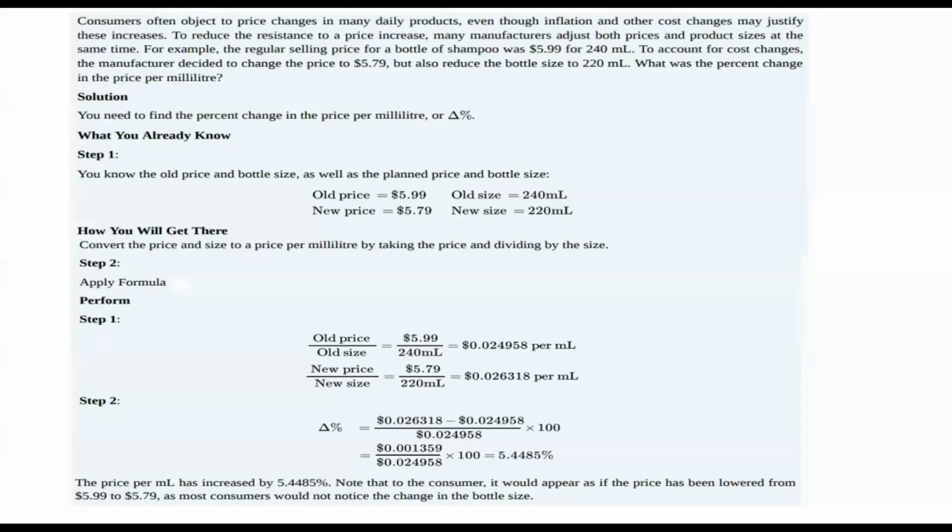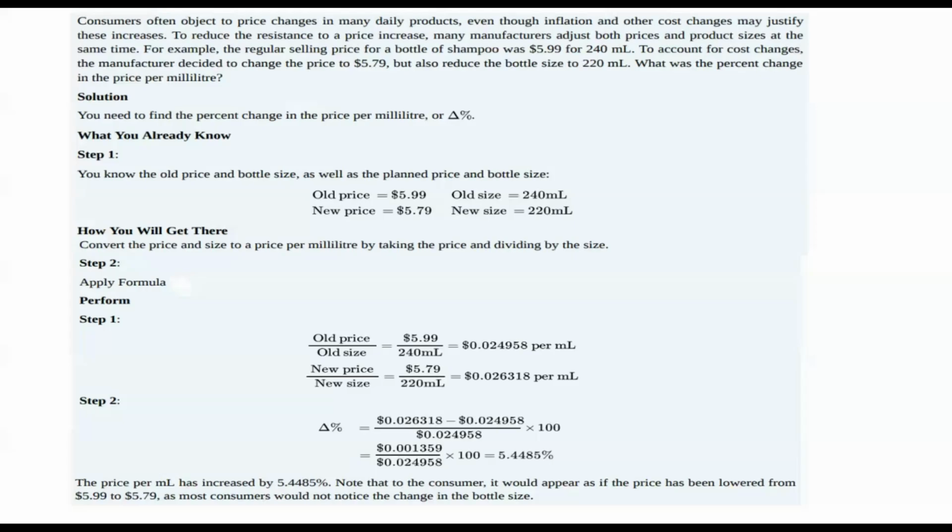It's just what I explained to you. Consumers often object to price changes in many daily products, even though inflation and other cost changes may justify these increases. To reduce the resistance to a price increase, many manufacturers adjust both prices and product sizes at the same time. So this is a good example.